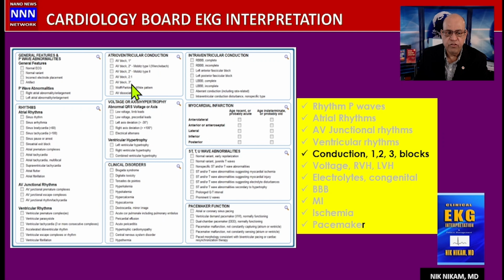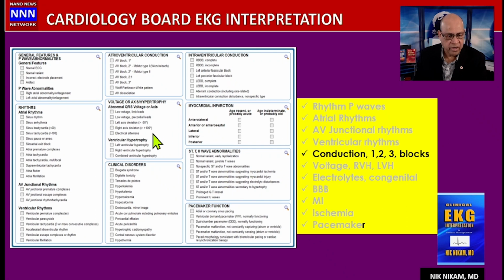The focus of this presentation is voltage, axis, and hypertrophy. In upcoming presentations, we'll cover metabolic and congenital disorders, intraventricular conduction delays like bundle branch blocks and hemiblocks, and then the most important topic, myocardial infarction and ischemic changes, along with pacemaker changes.